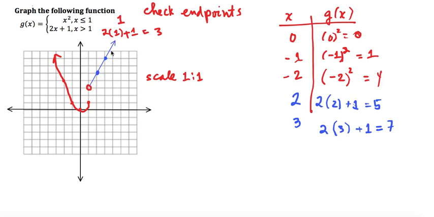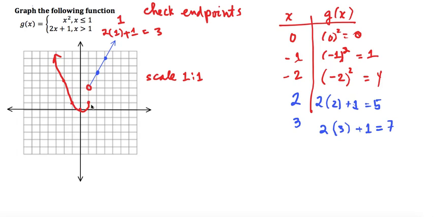This is a ray, to use geometry terms, or a half line. It's going to start from this particular endpoint and go this way forever. We need to know where this dot is, otherwise our arrow may be misplaced. So the endpoints help us to know where this jump is going to occur. In this case, it's going to happen when x is equal to 1, and it's going to jump from y equals 1 to y equals 3.